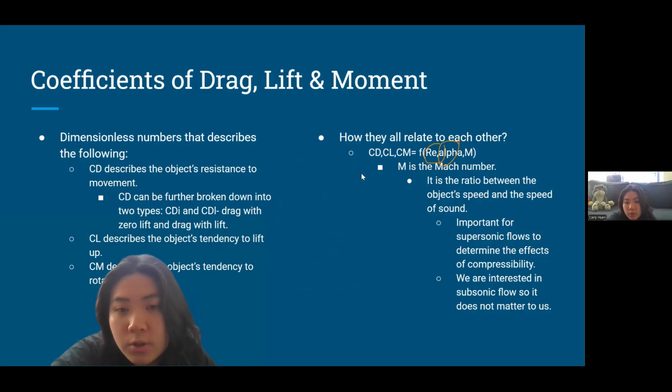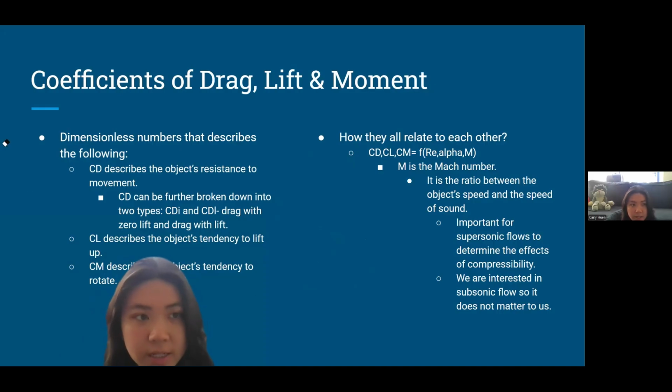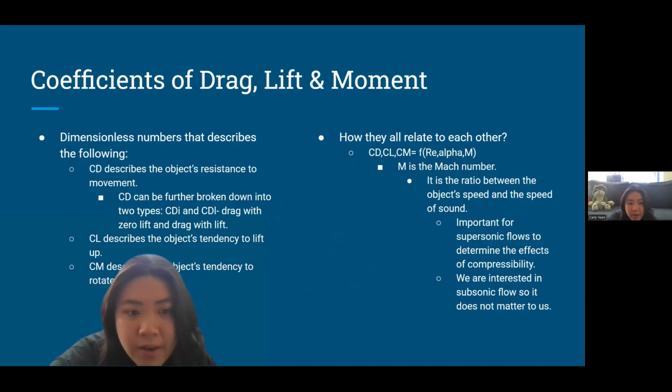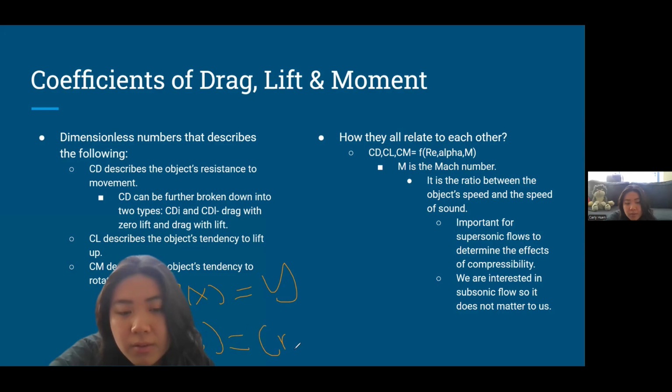That's it. So to simplify even more, because I told you guys I'd explain it in a dumb way, but I realized I could do it dumber. If f of x equals y, so that would mean f of Reynolds number and alpha.